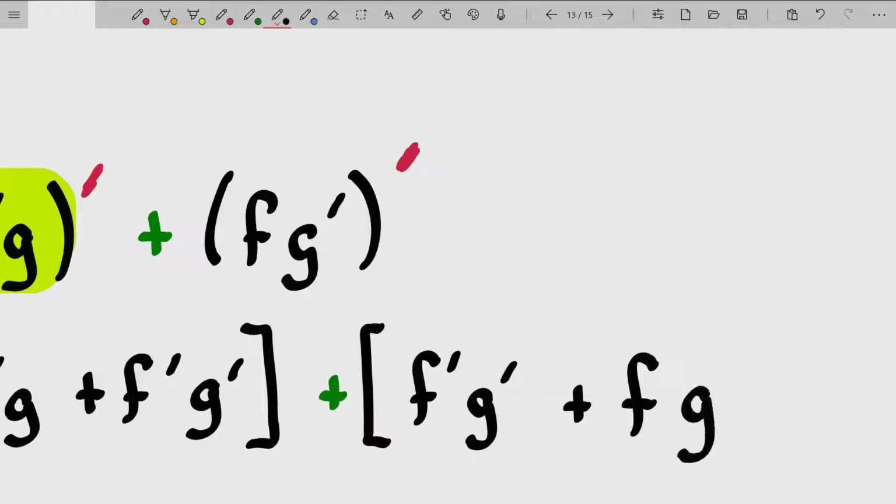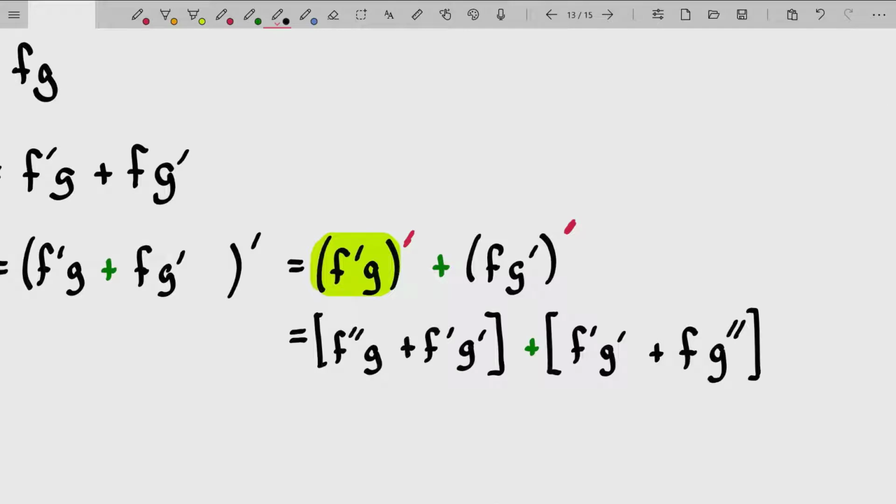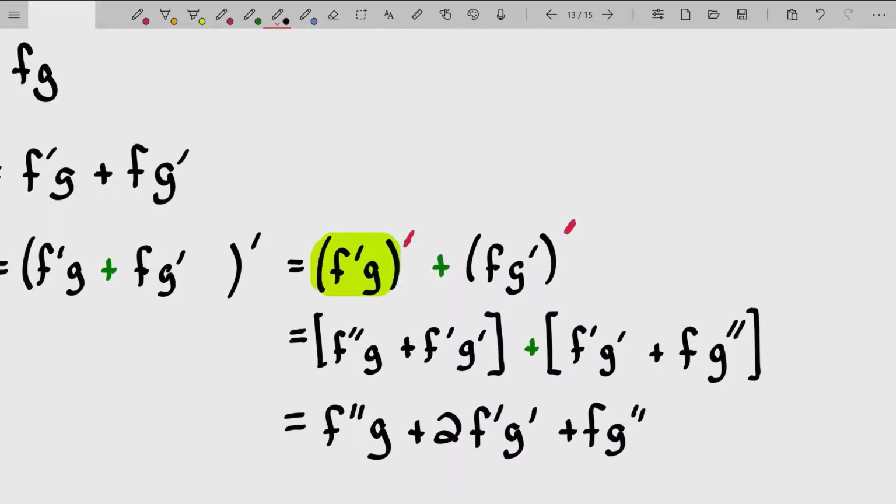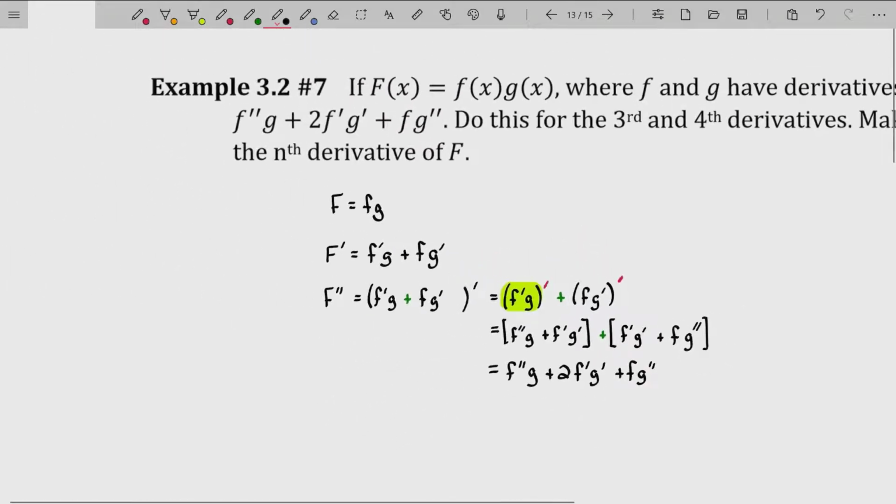Well, that would be the derivative of the derivative, so it's g double prime. Collect like terms, and you see that you have f double prime times g, and you have two of these f prime g primes, and then finally an f g double prime. Well, that's kind of cool.